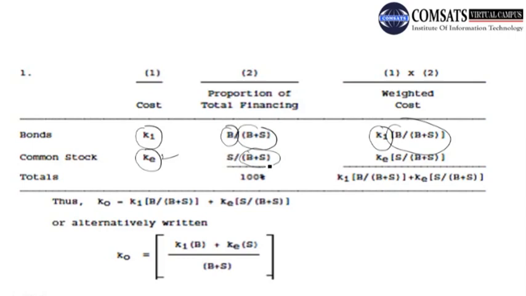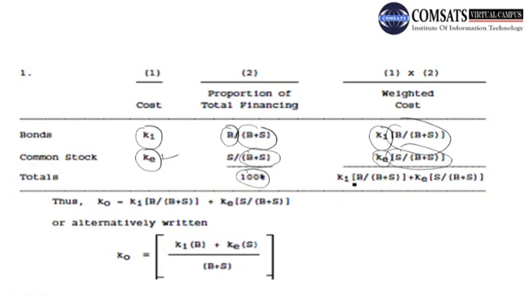Now, to calculate its weighted cost, we have to multiply KE, which is the cost of common stock, with the proportion of the stock in the total capital structure, and then we add them up. So this will make up 100% of the capital structure.